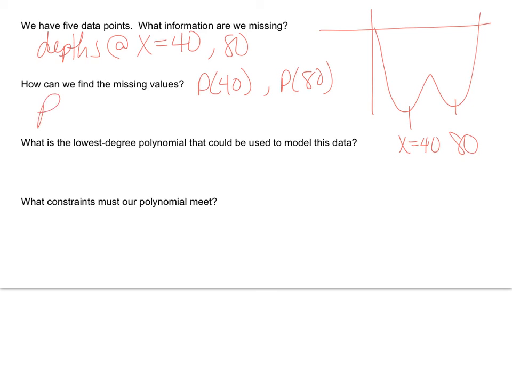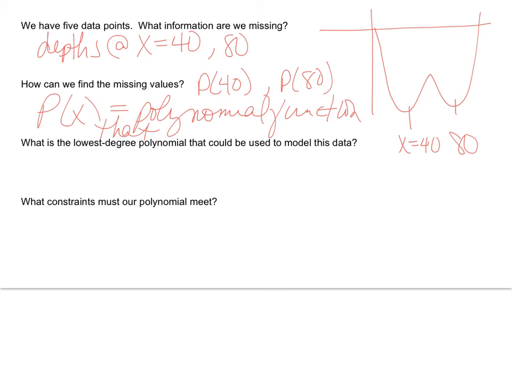So we need to find a polynomial function that represents our data. Okay, and then once we have that function, we would evaluate that function at 40 and 80 to give us an estimate of our depths.